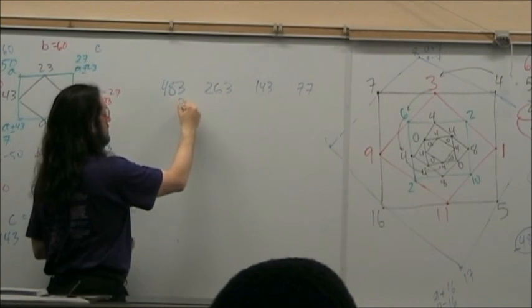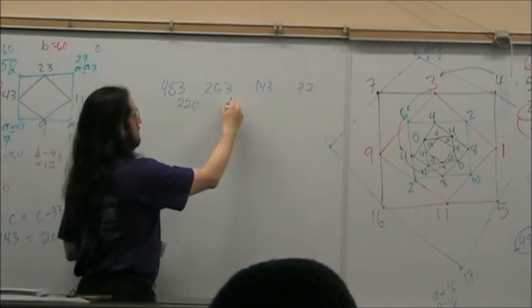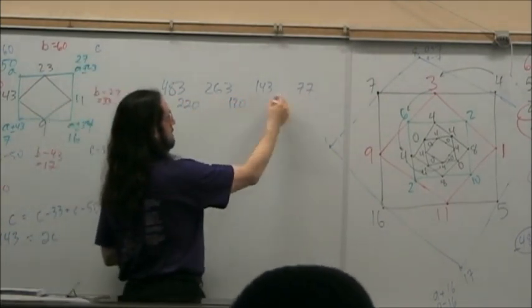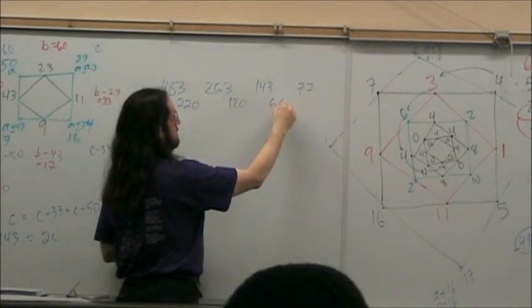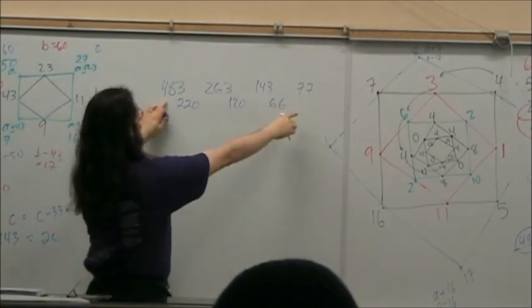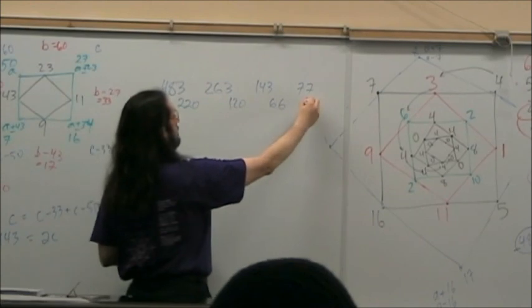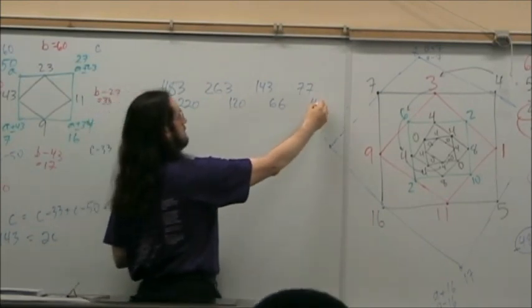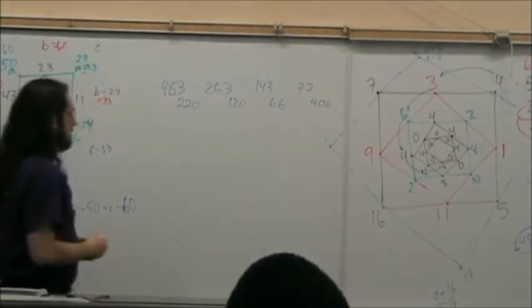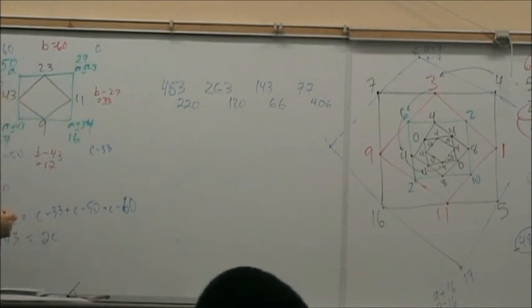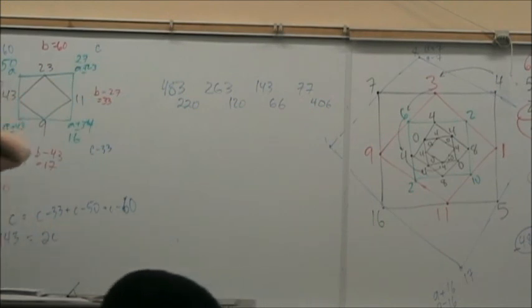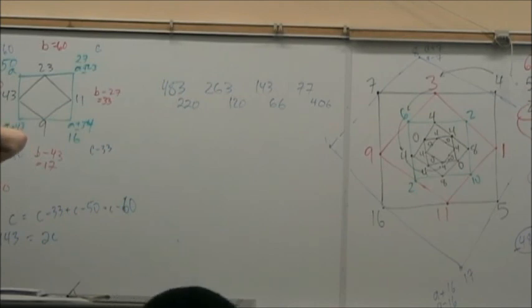Well, I get 220 and 120 and 66. And crazy big number, 406. Is that what I really get? Yeah. Okay. Did you try to make any arithmetic mistakes? No.